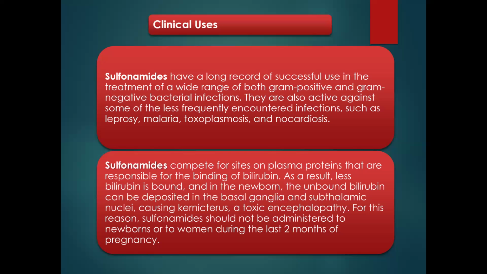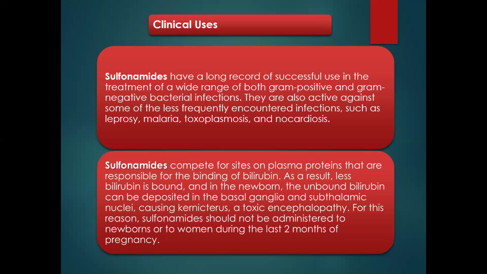Septrin or any other sulfonamide drug will go and bind with the plasma proteins, especially albumin, that is responsible for clearing bilirubin from the circulation to the liver for conjugation.